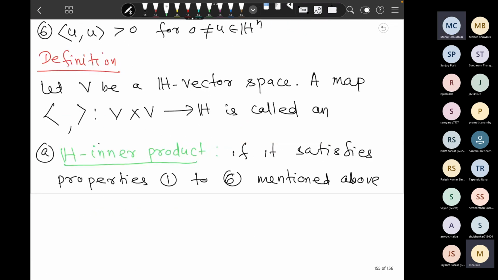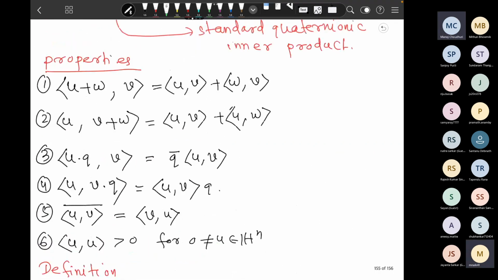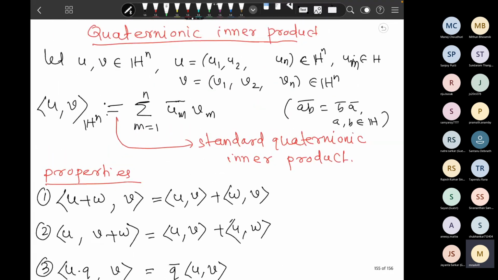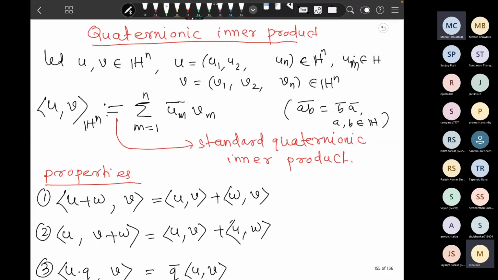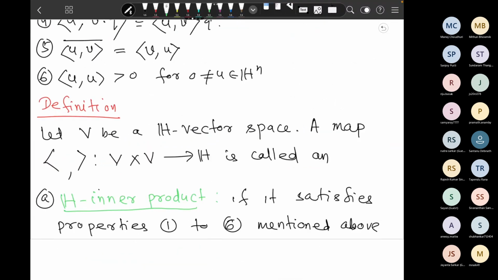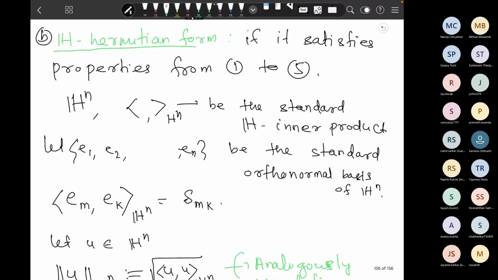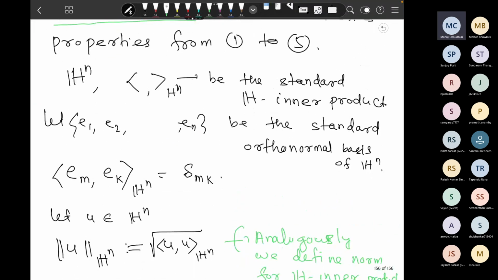Just above, you started this inner product. So this inner product is a function from H^n cross H^n to H, right? Yes. And now you go to the next page. So then what do you mean by taking this root?